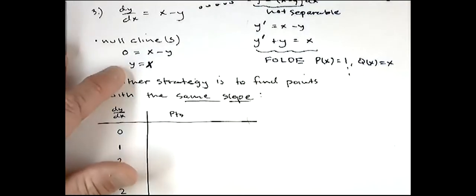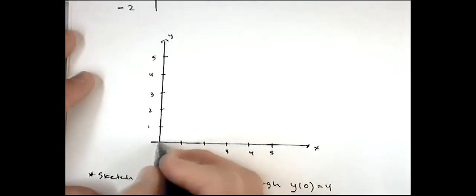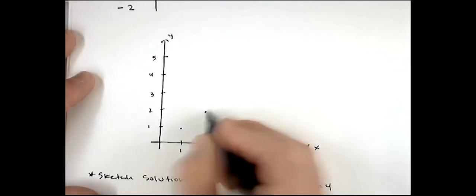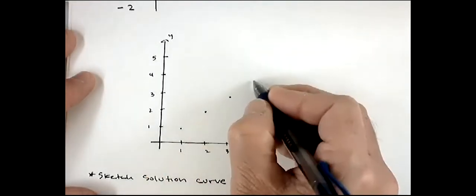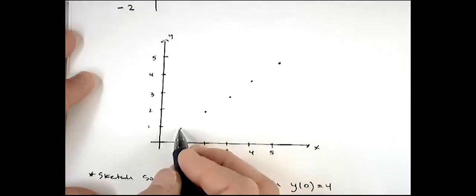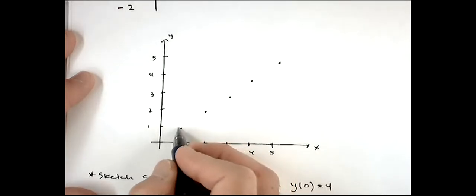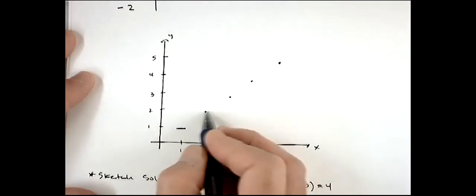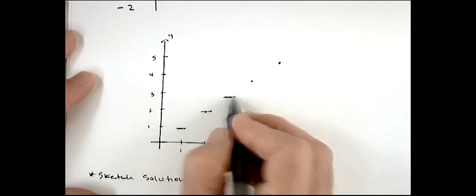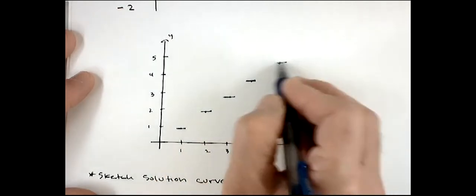Because what I know now is every point on my direction field along the line y equals x, that line passes through 0, 0, 1, 1, 2, 2, 3, 3, 4, 4, 5, 5. Everywhere along here, I know my solution has a slope of 0. So I know my arrows are going to be going horizontal here.